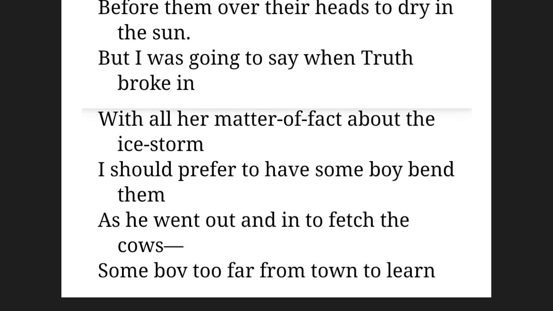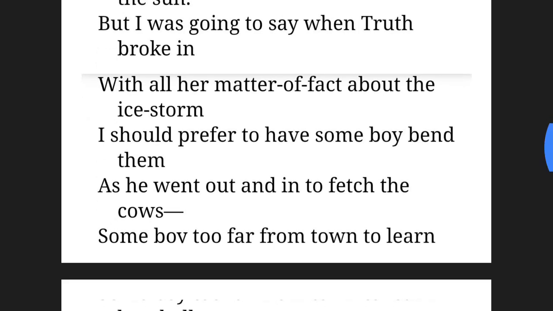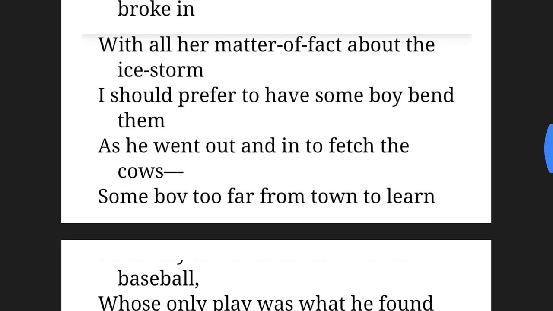I should prefer to have some boy bend them. But the poet says that I would have preferred if a boy had bent them instead of the ice storm. As he went out and in to fetch the cows, some boy too far from town to learn baseball. So I want to imagine that these birches have been bent by a boy who is nothing but a kind of tender of cows.